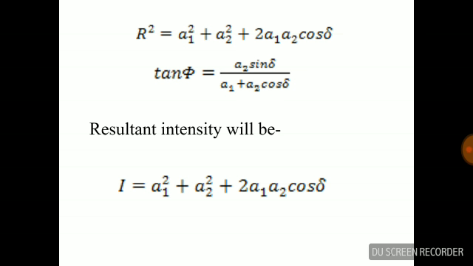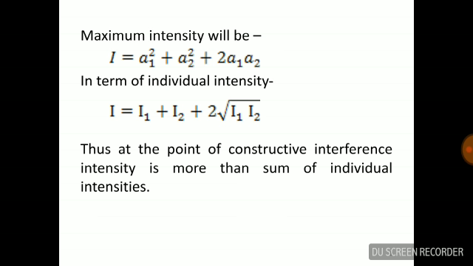The resultant amplitude is given by R square equal to a1 square plus a2 square plus twice a1 a2 cos delta, and the phase is given by tan phi equal to a2 sin delta upon a1 plus a2 cos delta. In terms of intensity, I equal to a1 square plus a2 square plus twice a1 a2 cos delta.